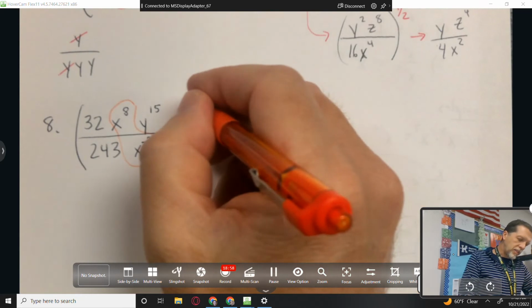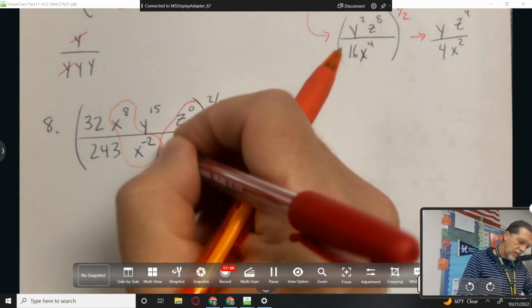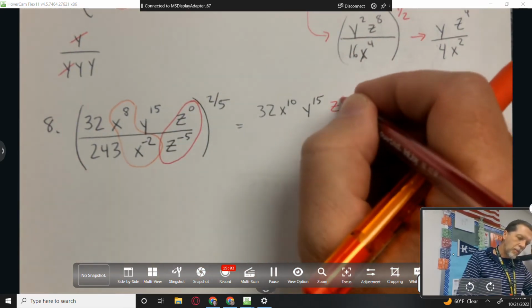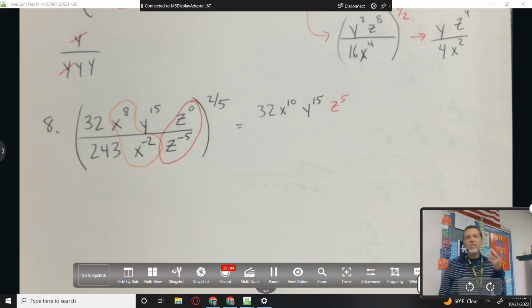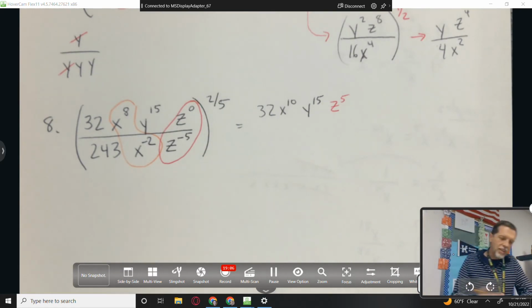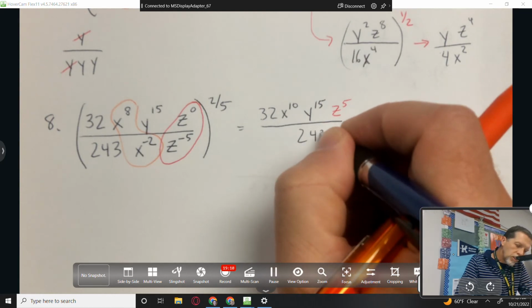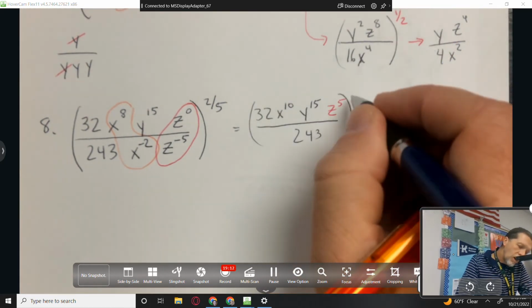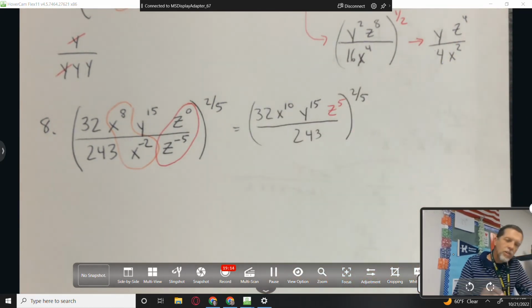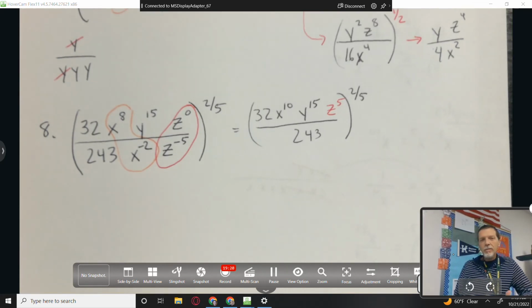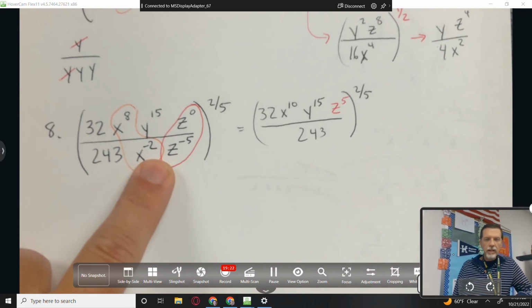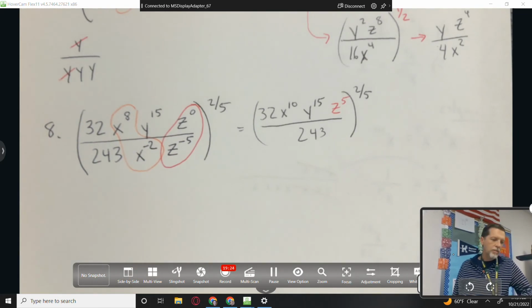What about the z stuff? Z to the 5th on the top. Because that z to the 0 is 1, why is that even there? All over 243. All of that to the 2/5. Well, I guess at least there's no negatives here, or there were negatives, but they're already taken care of. There aren't any more negatives to worry about.